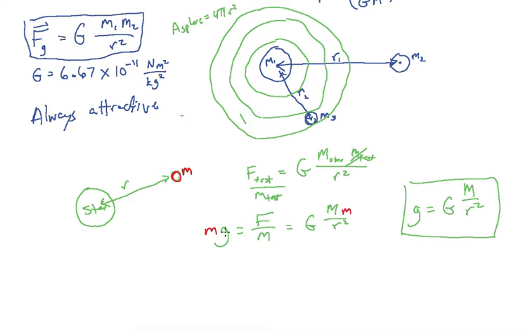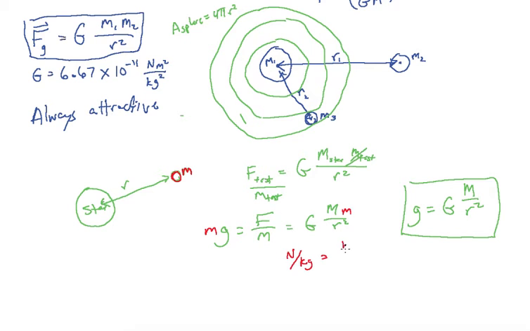Now if you see this m times lowercase g and it looks familiar, it should, because that's the equation we used for weight. If you look at this, this is a force per unit mass. Well, what unit is that? That's a Newton per kilogram, right? So that's our unit for our gravitational field.